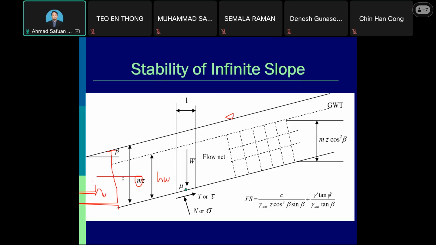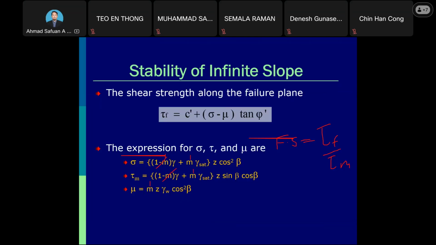If the groundwater level is located 2 meters below the slope surface, and the thickness of the slope is 6 meters, so this is 4, then M is 4 over 6. Then we have a combination of gamma and gamma saturated.